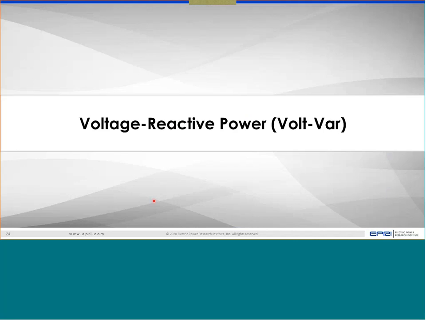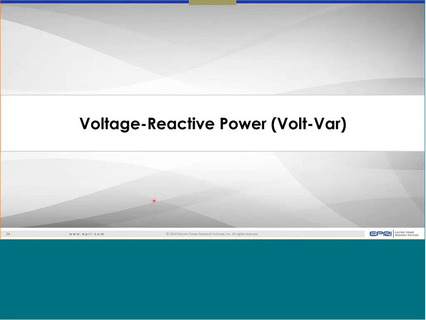If the plant is causing the overvoltage by backfeeding or power injection, then a relatively proportionate reactive power will solve that problem. So the next topic is volt-var, which is more like you are responding to the voltage, which may or may not be caused by the plant. Maybe the overvoltage is already there or something else.